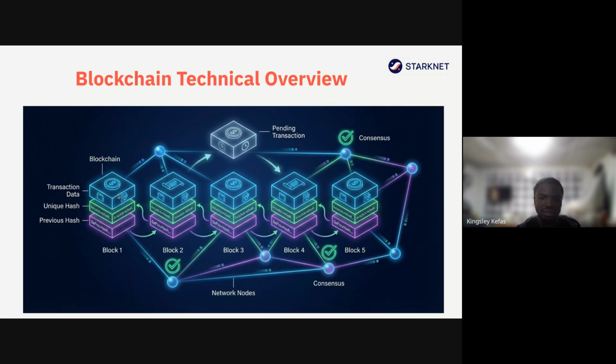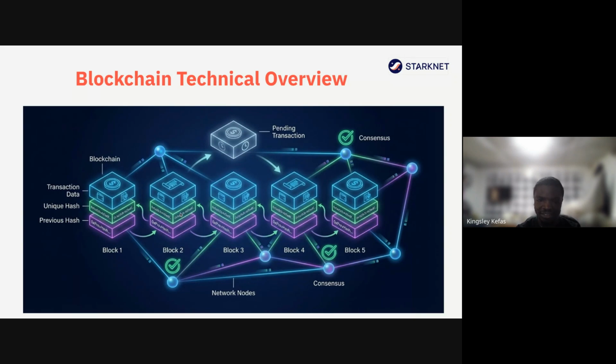So let me explain this. Looking at this block 1 and then looking at block 2, you see that what connects block 1 and block 2 is the previous hash, right? Now, the unique hash of block 1 is the previous hash in block 2.